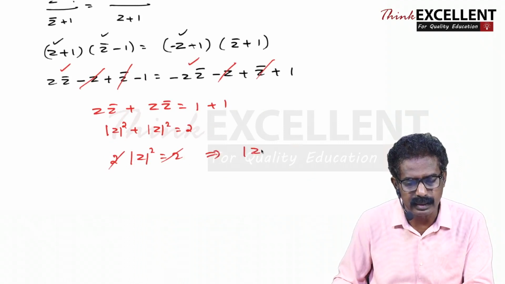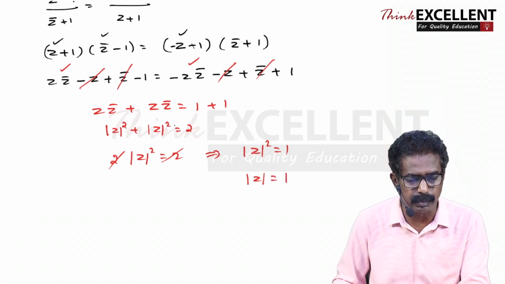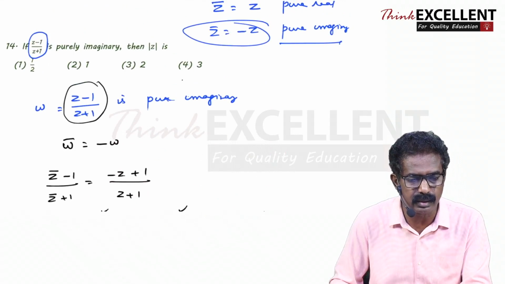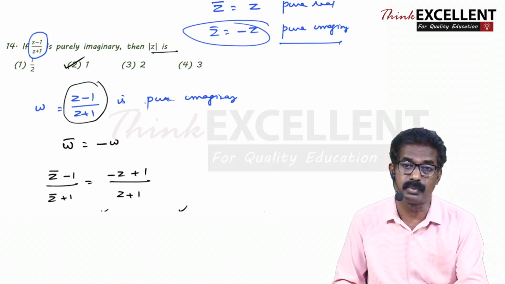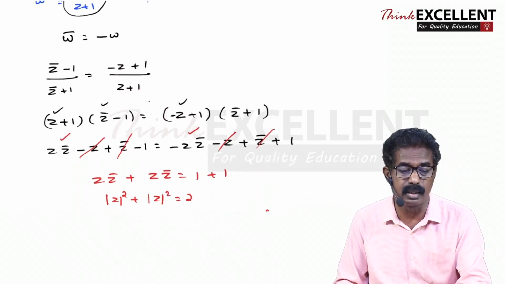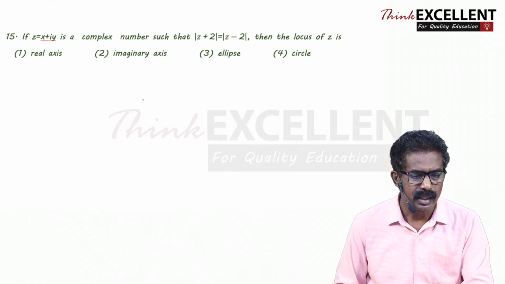So modulus Z square is equal to 1. Take square root. Don't write plus or minus because modulus value should be positive. So question is find modulus Z only, no? So the answer is what? 1. So second option is the correct one. This is one method. I found this is little more easier for you. Okay. So practice this.